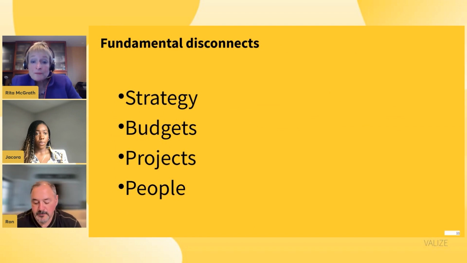So the first big lesson when I teach this portfolio theory is we need some way for an organization of bringing into alignment your strategy, which when it's done right is pulling you into the future, your budgets, which unfortunately are often anchoring you in the past, your project approval process and governance process, which is often completely disconnected from strategy or budgets, and finally, the process by which people feel that they're going to be rewarded.